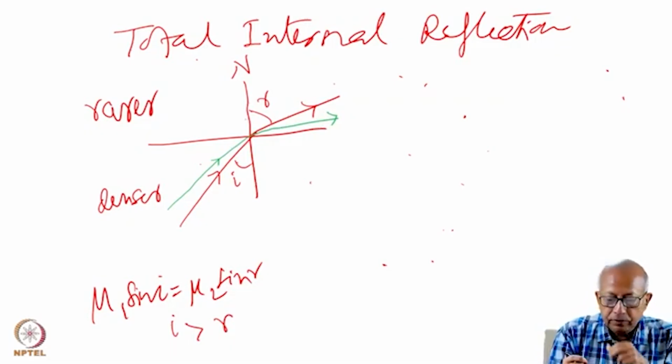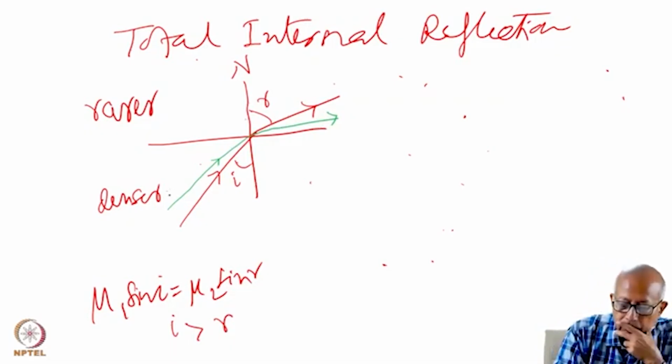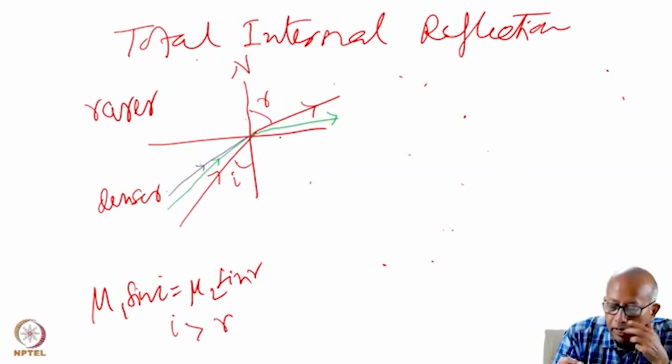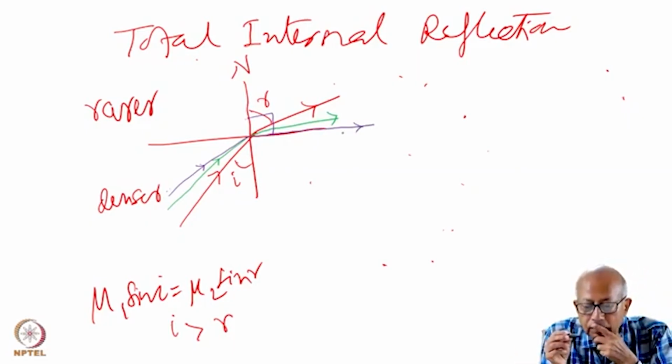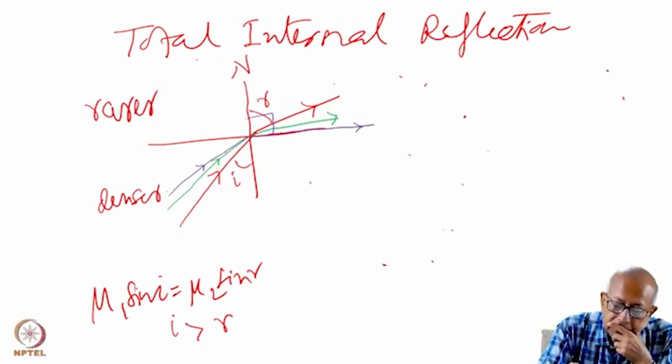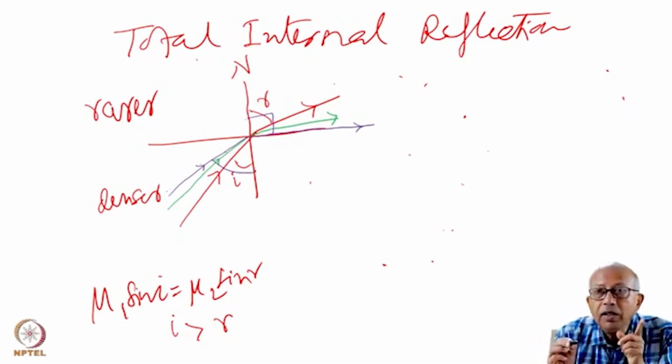We increase it even further. And let us assume that in this case, the angle of refraction becomes 90 degrees. That means the refracted ray just grazes over the interface. So for this angle of incidence, the refraction angle has become 90 degrees.